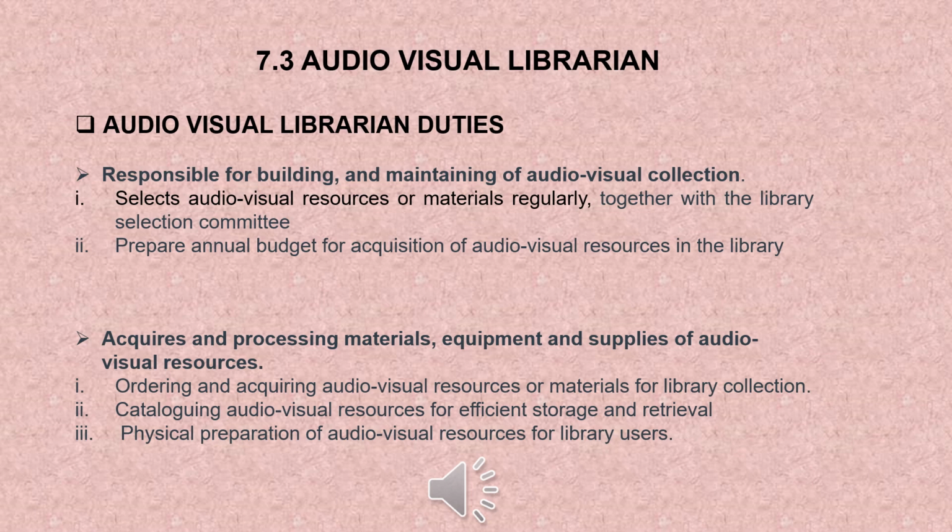Acquires and processing materials, equipment and supplies of audio-visual resources. This responsibility involves acquiring of audio-visual resources after they are selected as part of library collection. Of course, when a certain type of audio-visual resource is included in the library collection, it needs to come with specific playing device or equipment.